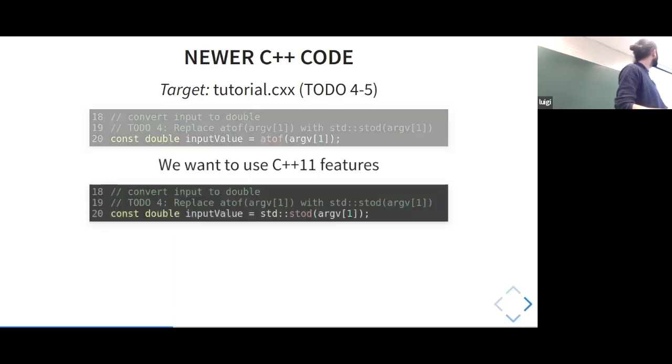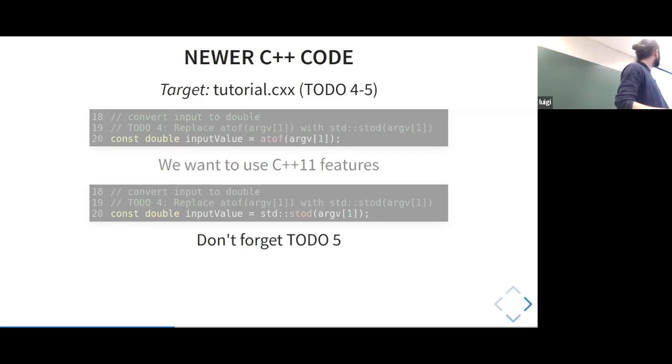And to do that, I want to use some library function, stod, which is a parser, basically, string to double, rather than atof, which is hard to use like this. And when you reach that point, you should have a problem.